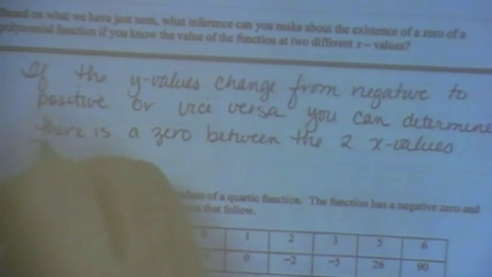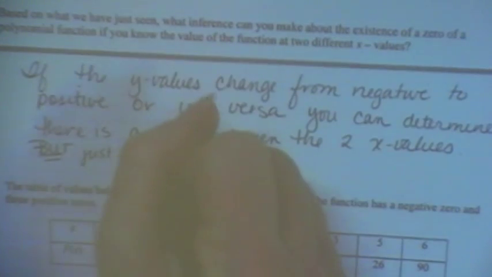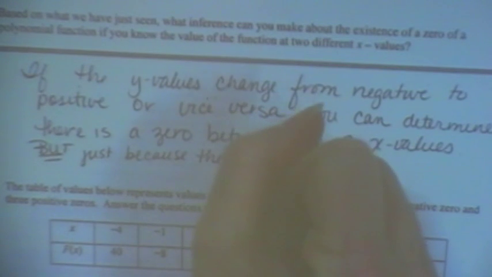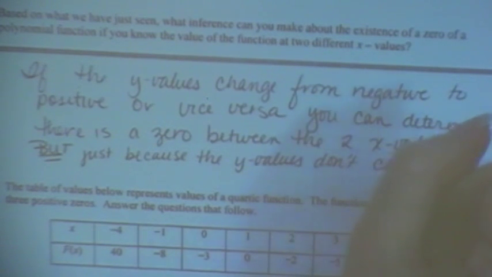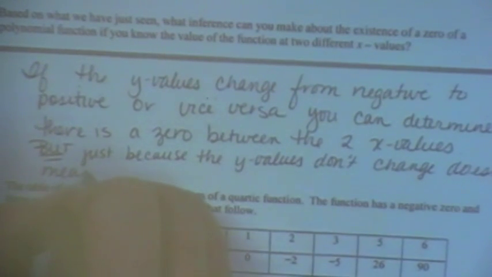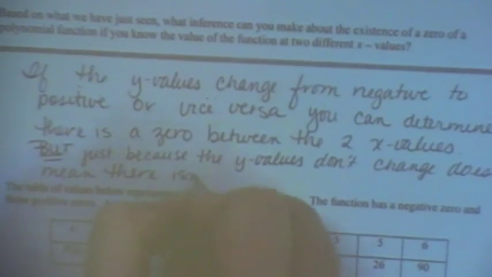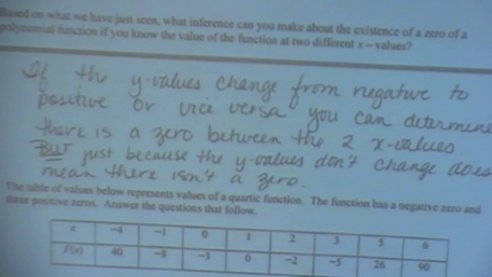But just because the y values don't change, that doesn't mean there isn't a 0. So you can be definitely clear when there is one, but you can't definitely say that there isn't one. And we just saw an example of that.